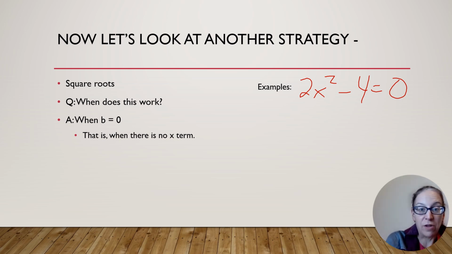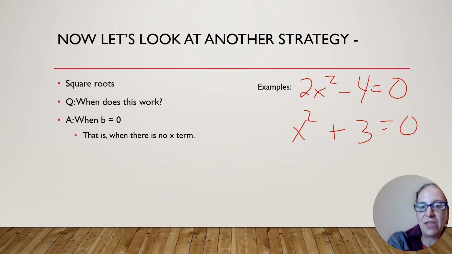It's just not there. Or something like x squared plus 3. Then we could use the square root strategy. Most of the quadratics we look at do have a linear term, or b term, or x term in there, but not all of them. And when we don't, this is a good strategy to be able to pull out of your back pocket.